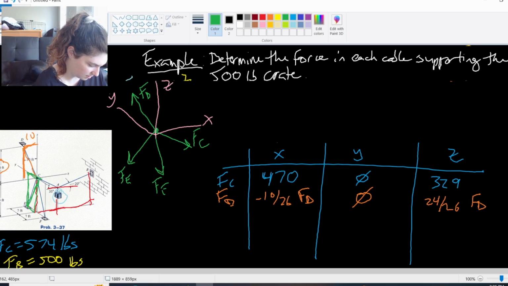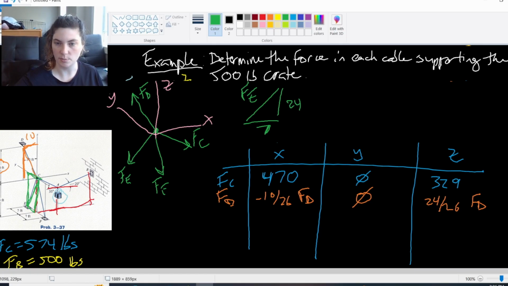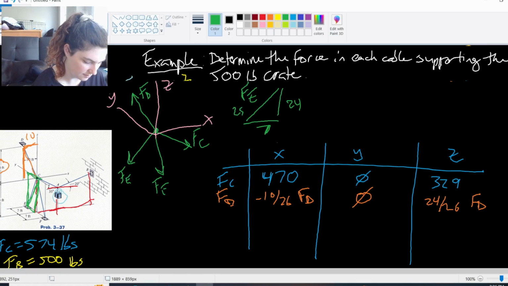I'm going to do it this way instead. Right, so here's my FE. This is 7 feet along the bottom, and it is 24 feet up. So I can plug that into my Pythagorean theorem. 24 squared plus 7 squared, take the square root of that, and it's 25.